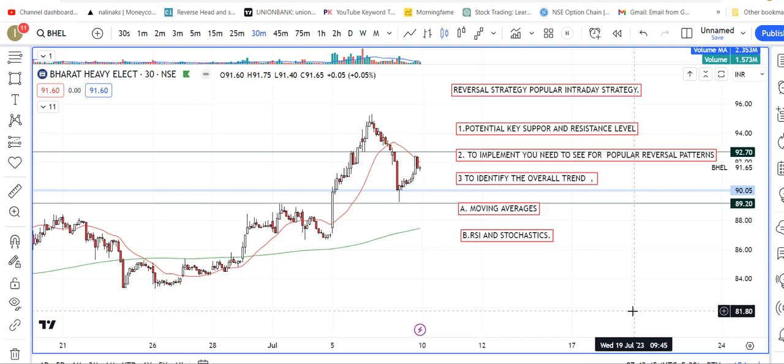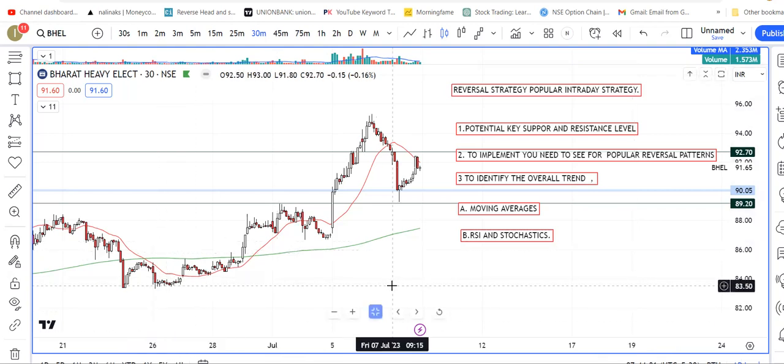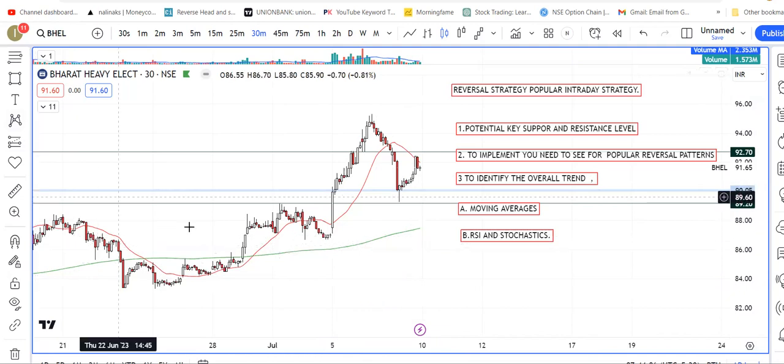And the third thing to implement this is a set of popular reversal patterns. Popular reversal patterns are candlestick patterns or chart patterns that people use. For example, here you can see a wedge type of formation.